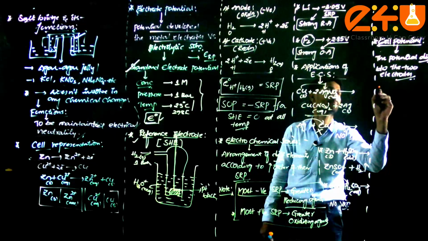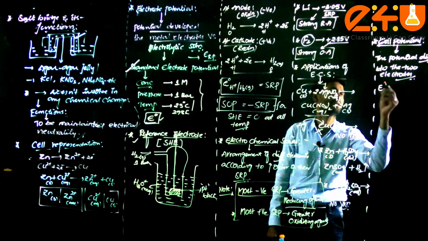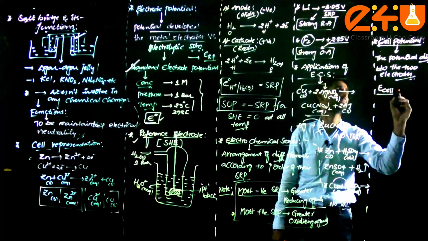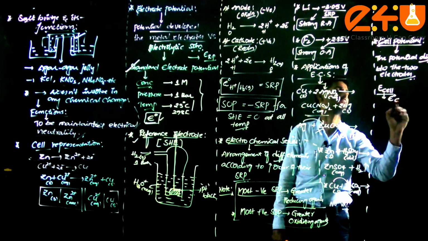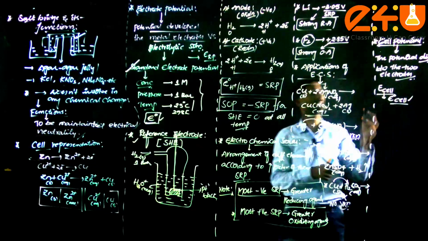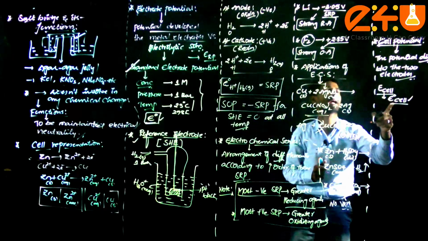Generally cell potential we can represent, dear students, as E cell. If you are taking the standard condition, then we represent it as E naught cell. E cell is without standard condition; E naught cell is the standard form.